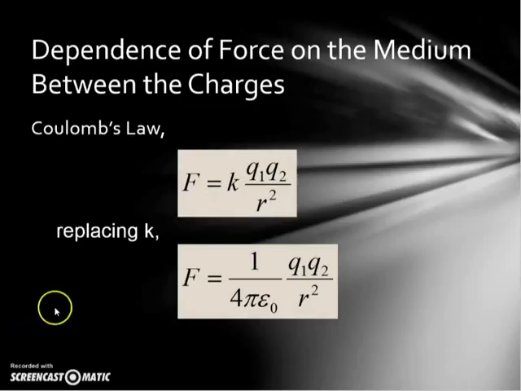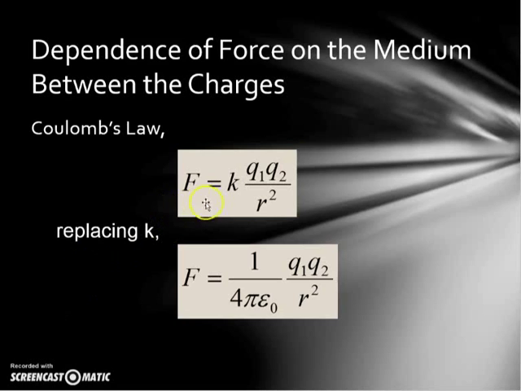Now, there is a dependence on the medium between the charges, and what that means is what type of material the charges are in. So whether or not they're in a vacuum, whether they're in air, whether or not they're suspended in a plastic or in oil, that kind of stuff.